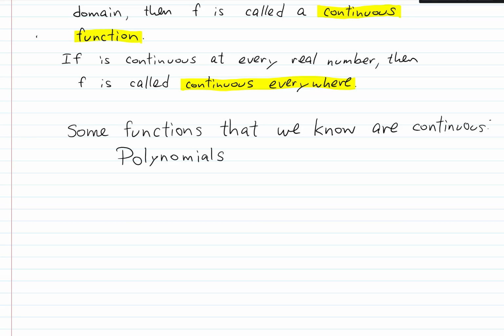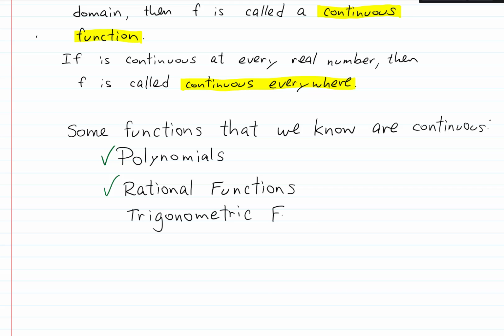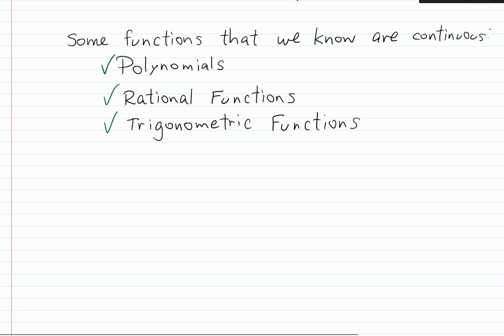Those are always continuous. Rational functions. Those are continuous. Trig functions. Those are continuous.